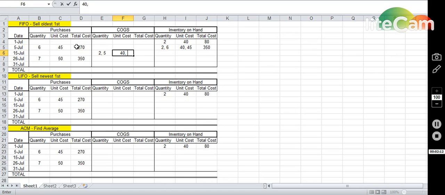So 2 at $40 and 5 at $45. So my total cost would be the $80 plus 5 for $45. So what do I have left? I have 1 for $45.